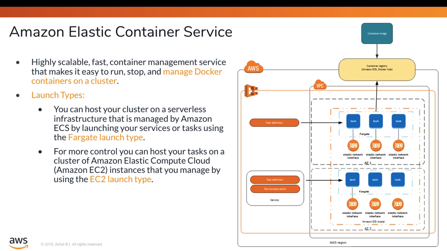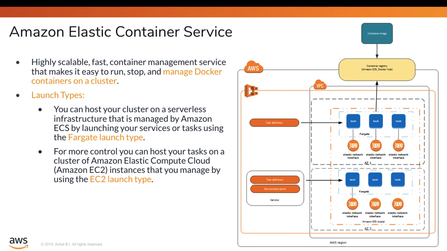Or else you could choose the EC2 launch type, where you manage the EC2 container instances yourself, where probably you might need more customized AMIs built, and you could use those AMIs and launch in this mode.